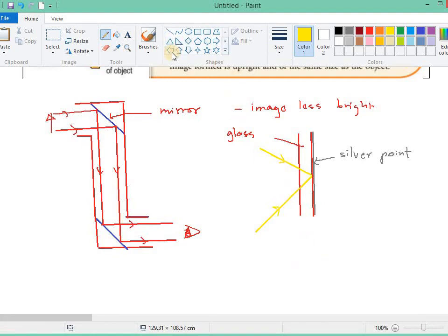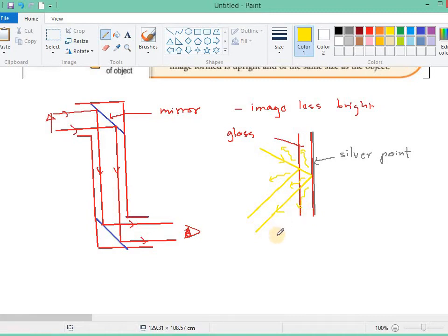But unfortunately, because of this glass, some of the light will reflect in other directions. Okay, that means from the surface, light can reflect and go in other directions.